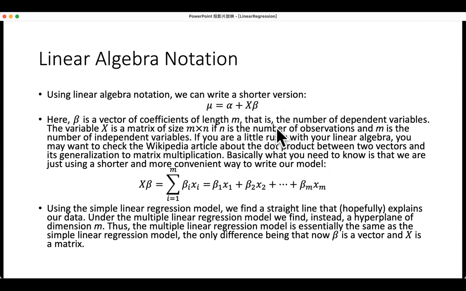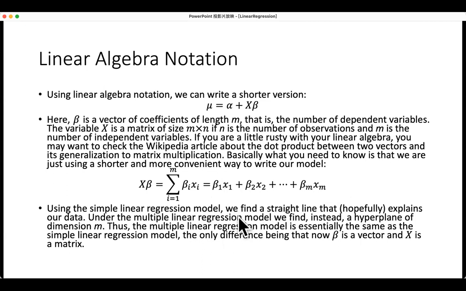The x will be a 1 times m matrix, and the beta will be an m times 1 vector. This will be just an inner dot product of two vectors.